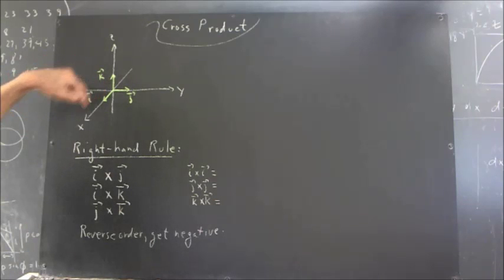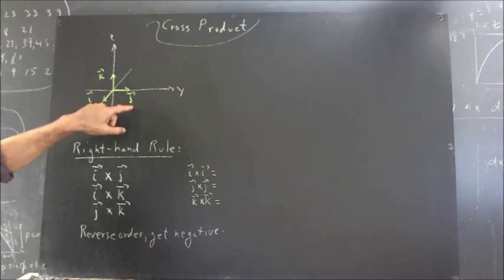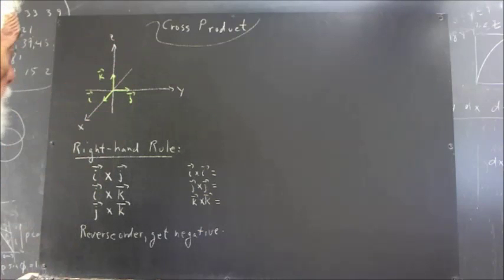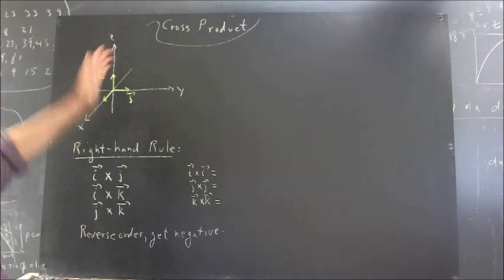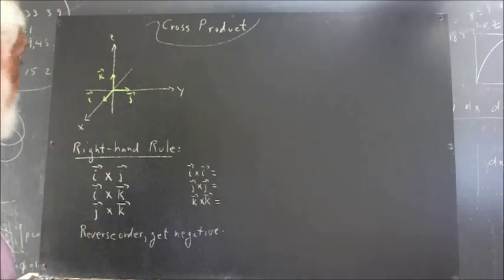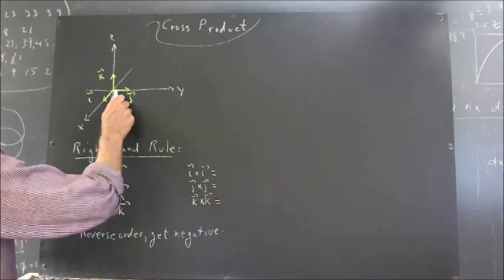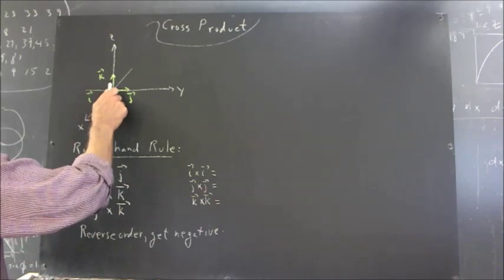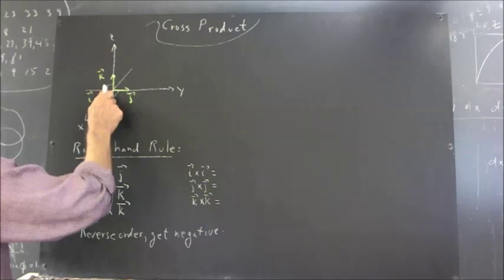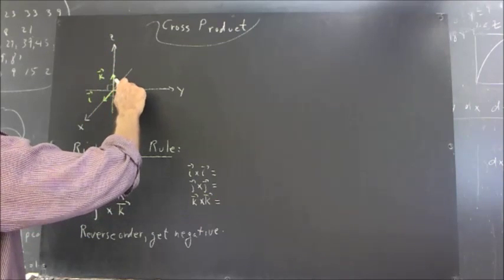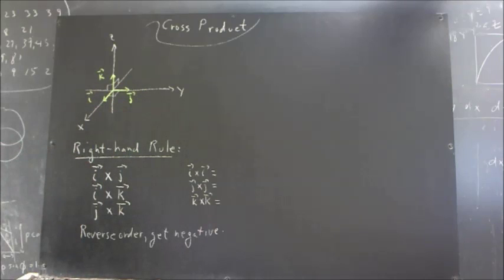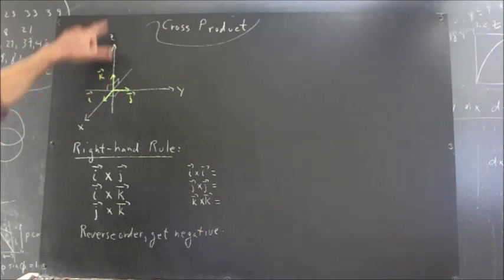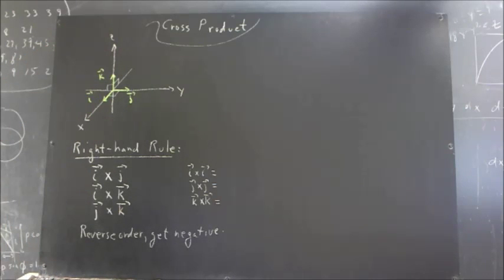The i vector in the direction of the x-axis, the j vector in the direction of the y-axis, you're familiar with those, and then we have a z-axis perpendicular to the x and y-axes, and maybe I should draw a little indication here that these 2 are perpendicular, and of course the z-axis is perpendicular to the x-axis and to the y-axis. In any case, the k vector is a unit vector, a vector of magnitude 1 in the positive z direction.